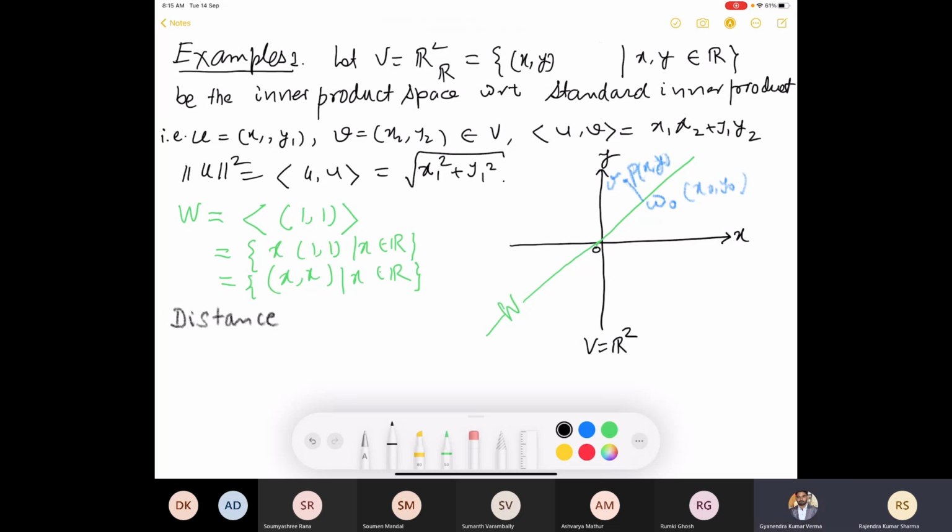Yes. Okay, distance of V from W naught. Suppose W naught is the best approximation.